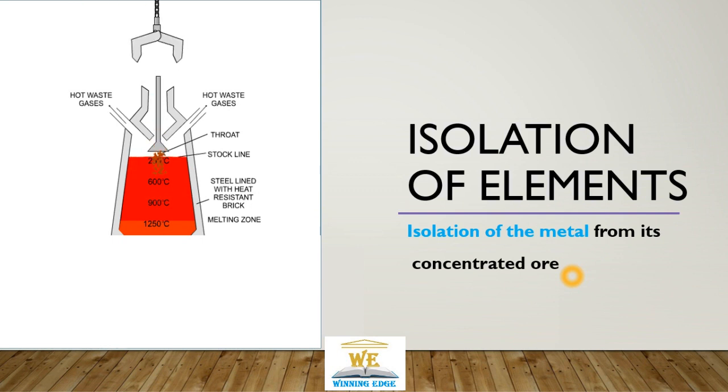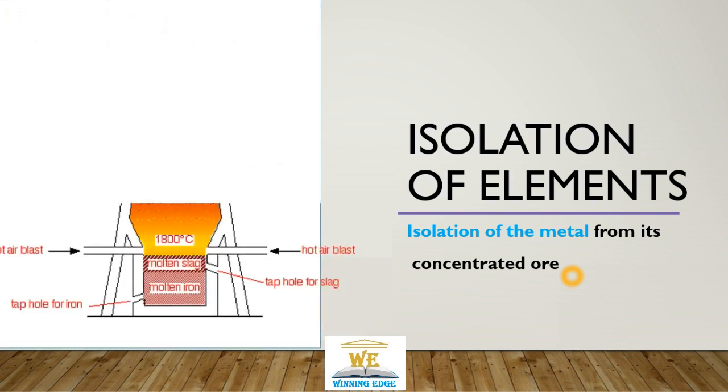After the concentrated ore, we have to get a metal from it. It's shifted into a furnace, where, in the case of iron ore, we feed it with coke and lime, and then finally we get a purified metal at the bottom.